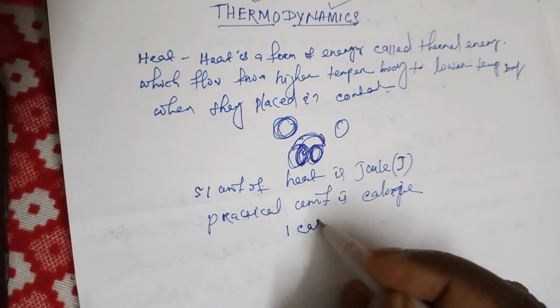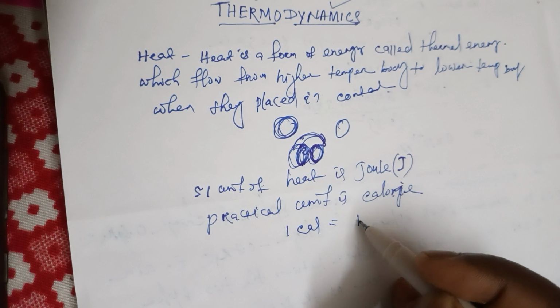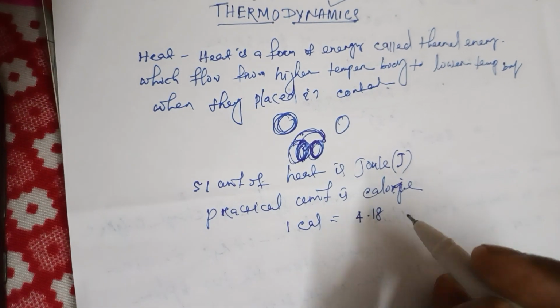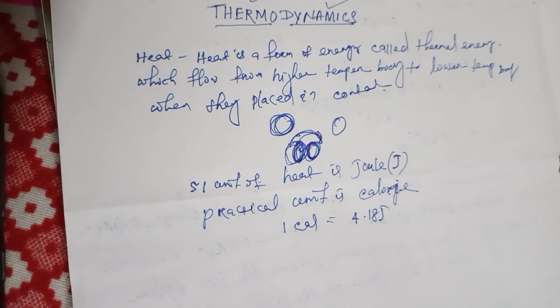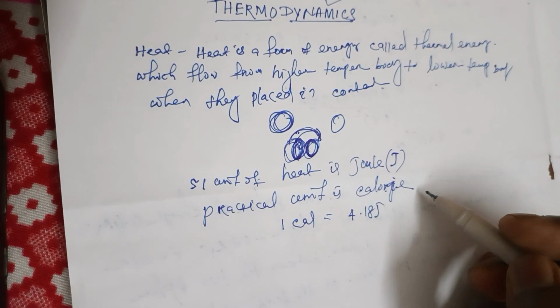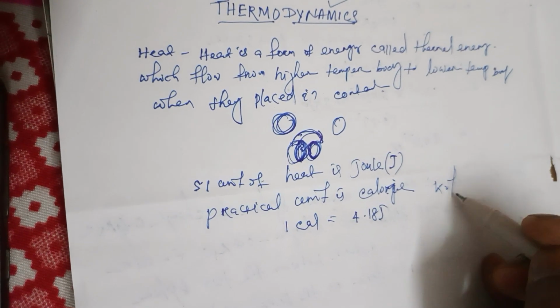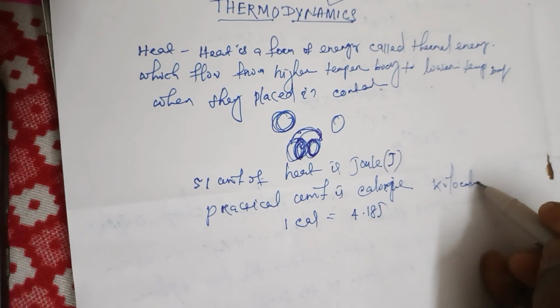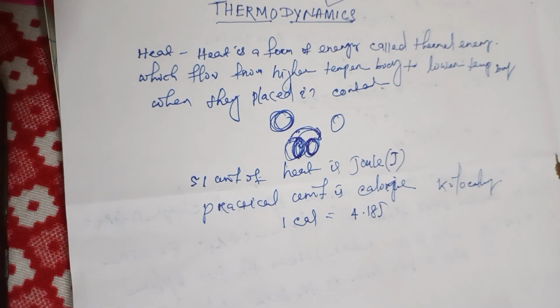One calorie is equal to 4.18 joule. And we also express it in kilocalorie for our requirement.